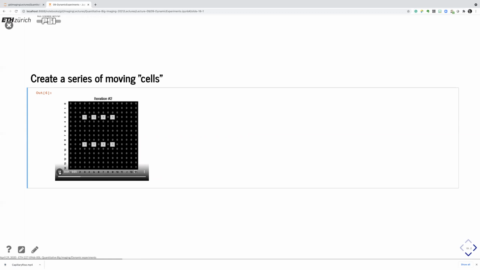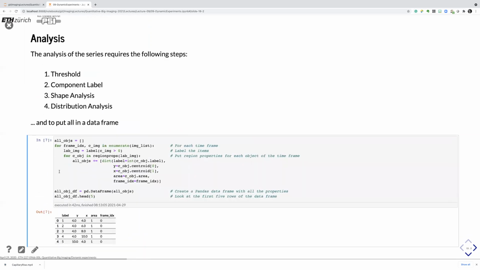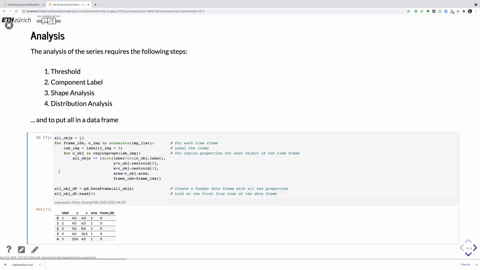So let's call these cells that are moving, but usually cells are not moving in such a strict linear fashion. But anyway, now we want to get all the analysis. So what we are doing is first thresholding, which we are doing on this line here.